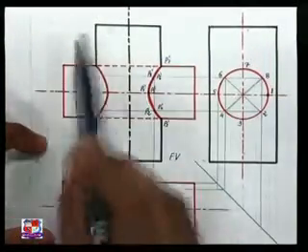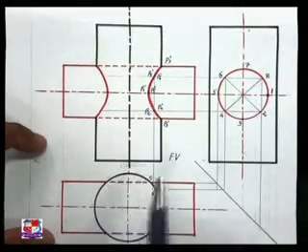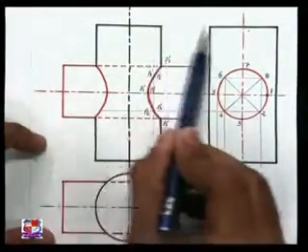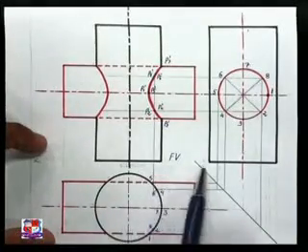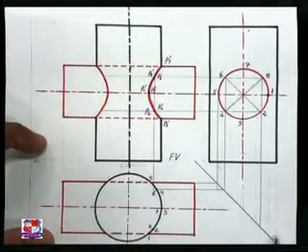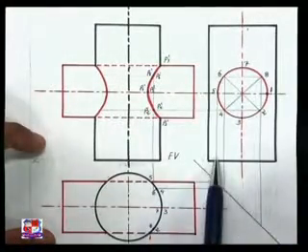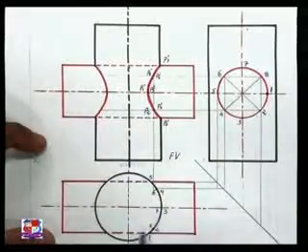After drawing this rectangle, draw the side view of this cylinder. To draw the side view, draw horizontal lines from all these points, right? And horizontal lines from these end points, and transfer these 2 points over here. So this is the side view of the given cylinder. This is front view and this is top view.